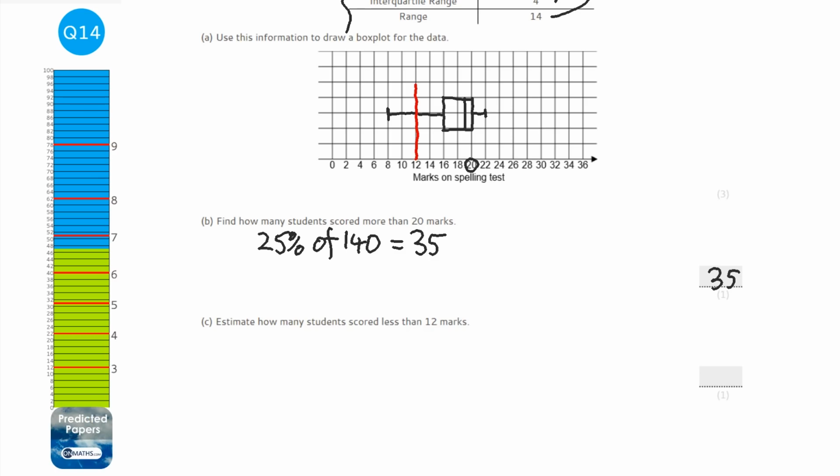Now we can't really say 17.5, that doesn't make much sense. So on this question, I would expect that you could either write 17 students or 18 students. And what am I going to say? I'm going to say 17 students. It doesn't actually matter which one you write down because you've shown that it's 17.5 where you can't get half a student. So let's go for 17 or let's go for 18.